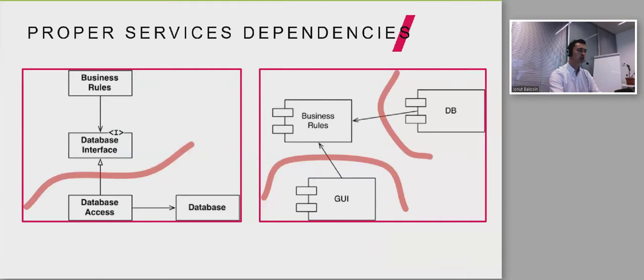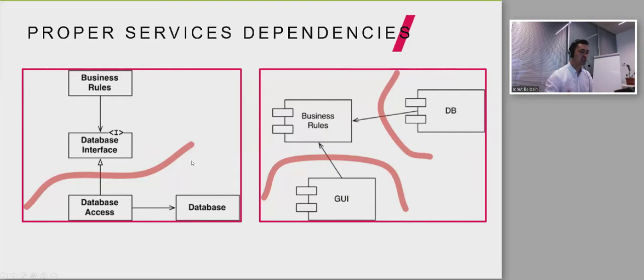And how you can do that in practice? For example, imagine on the left side of the diagram you have the business entities and the database. To create a loose coupling between these, don't depend from business rules directly to the database, but add a very loose coupling layer, for example, an interface, and inside the business rules you use that interface, which has a specific implementation for that database.